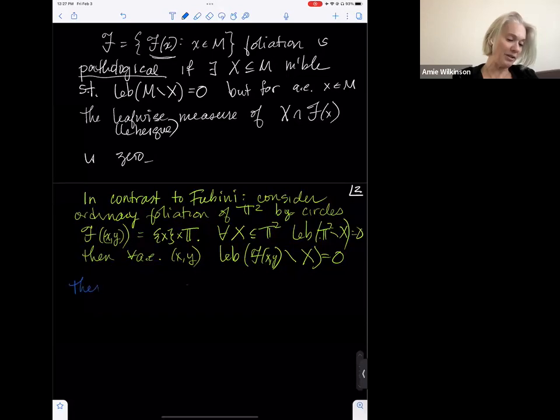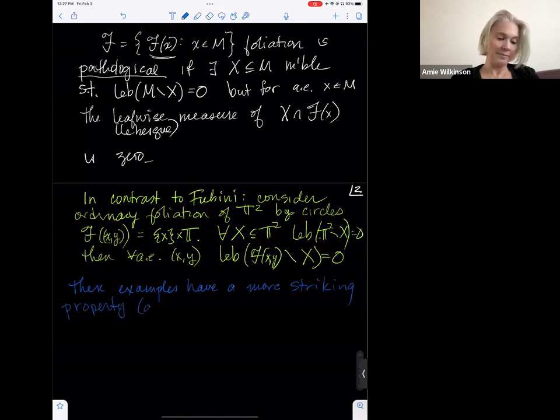Now, these examples that I'm showing have an even more striking property, which Ruelle and I called absolute singularity. I don't know if that term actually caught on.